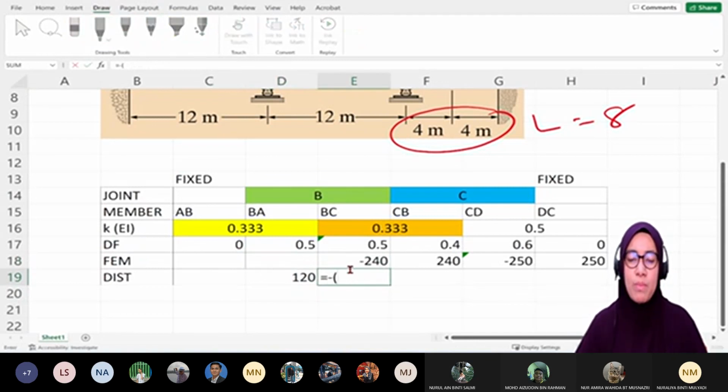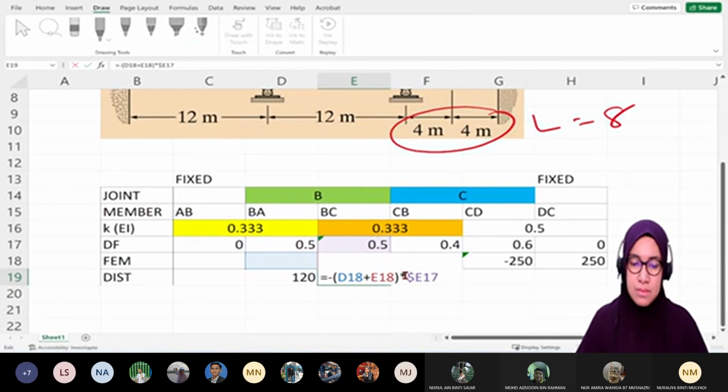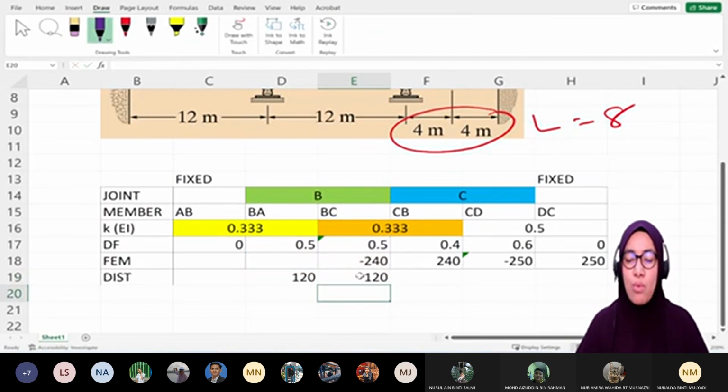Okay, total moment. Join moment dia 240 kali dengan distribution factor dia 0.5. Distribution factor for BC is 0.5. Okay, we get 120.